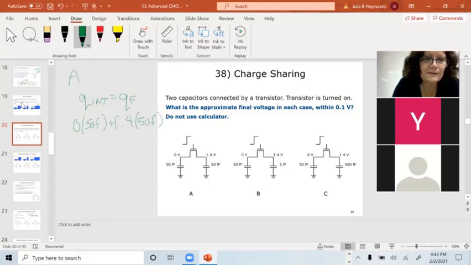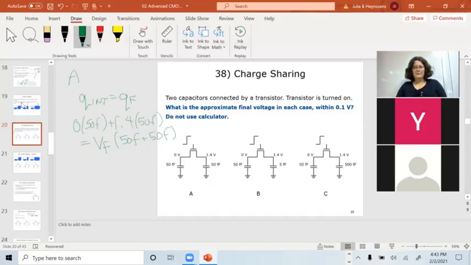And that has got to equal the final voltage, which when I turn this on, they're going to share a voltage. I don't know what that is yet. I can guess. It's V final times 50 femto plus 50 femto. So looking at this equation, you can pretty much say that there's going to be 7/10 of a volt when I'm done, because the two capacitors are equal. Half the charge off of here, half the charge is going to get dumped over here, and the final voltage is going to be 0.7 of a volt.